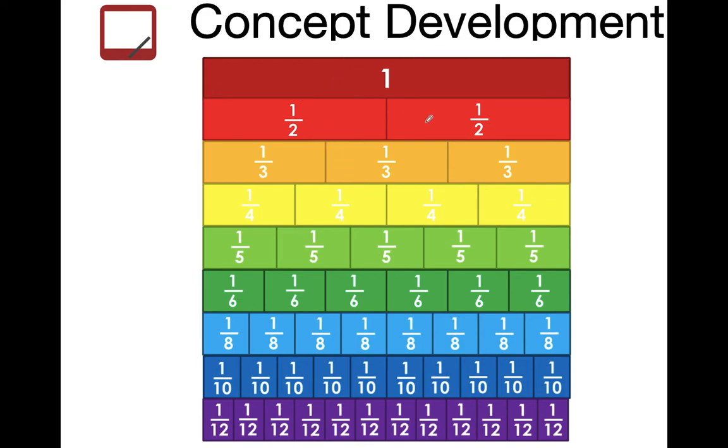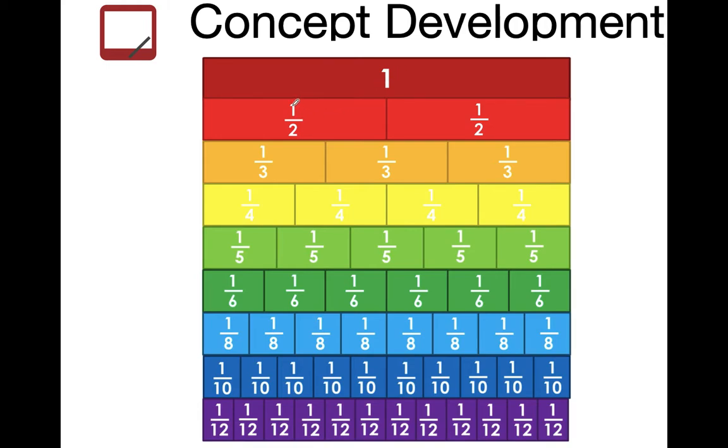So these are our fraction bars, and we can compare them very easily by looking all the way down. If I look at one whole, I can see how many parts I need to make one whole. So we know that 2/2 is the same as one whole, and 3/3 is the same as one whole.